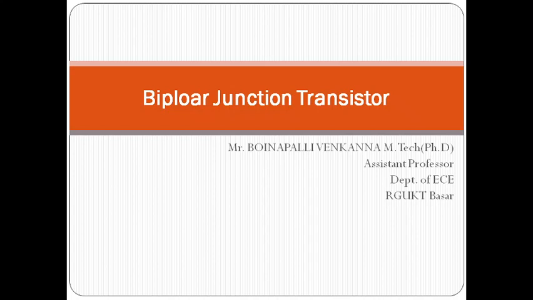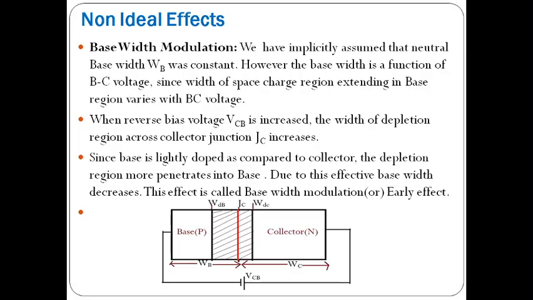In all the cases we considered our BJT to be ideal. Today we will discuss the non-ideal effects of BJT. Until now, we have considered a BJT with uniformly doped regions.